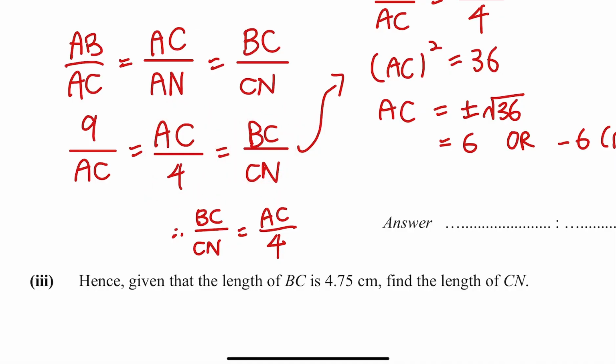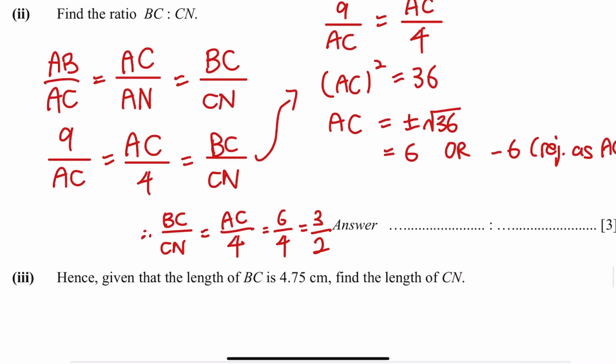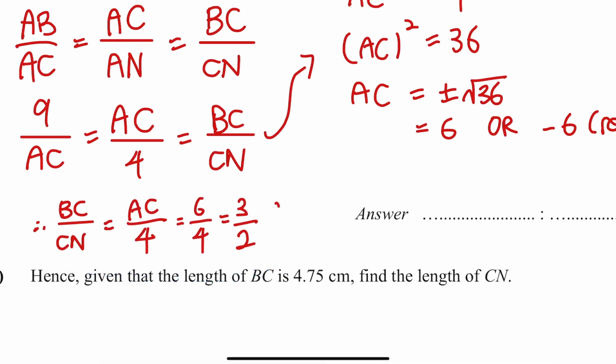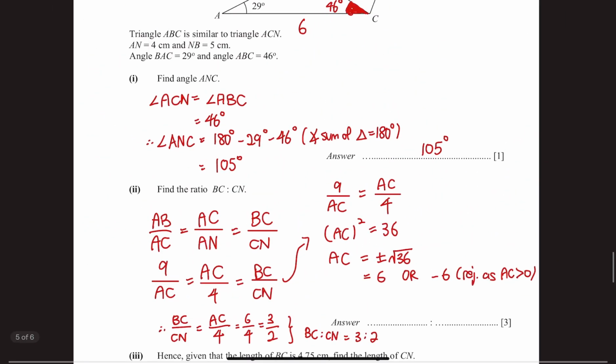And I know that AC is 6. Therefore, this ratio here is 3 over 2. So based on this fraction, BC is to CN is equal to 3 is to 2. And that's how we get the answer to part 2.